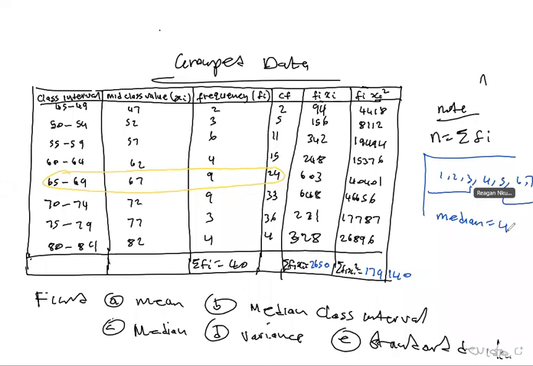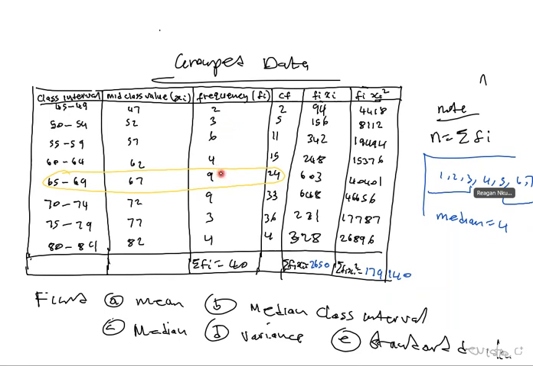So now for grouped data, we'll do the same. Since the numbers are 40, we need to count from the beginning. How many numbers should we count? If the numbers are 40, it means we need to count 19, right? We need to have 19 numbers from the beginning up to somewhere halfway.